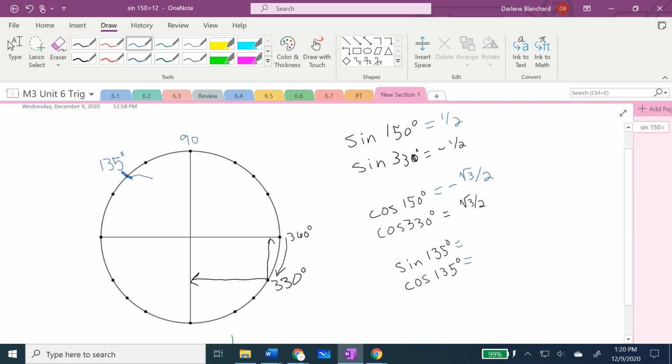For sine, the y coordinate is positive, and it's the middle of the three. It's the middle, which is the second one, and it's on the positive y-axis. For the cosine, it's also the middle one, but it's on the negative x-axis.